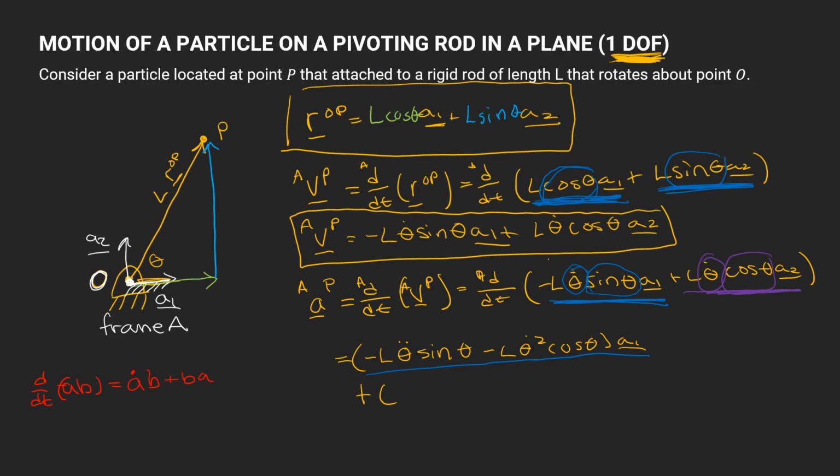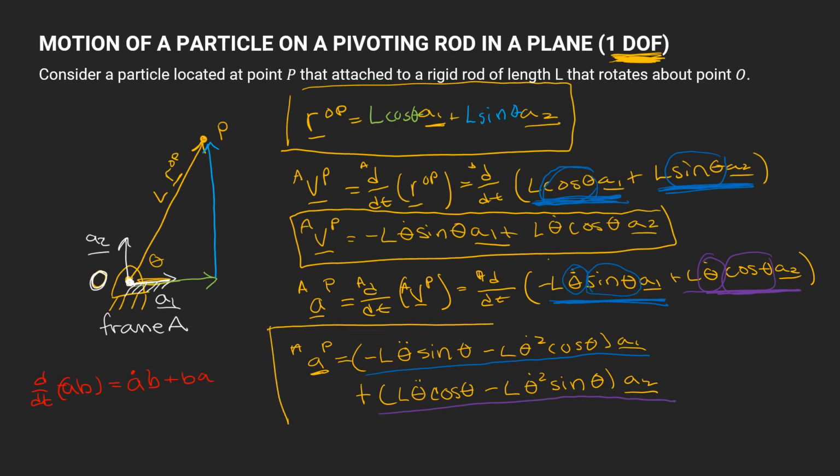And the derivative of this here is now L theta double dot cosine of theta minus L theta dot squared sine theta, which is A2. So just to write this out here, this is our acceleration vector of point P in frame A.